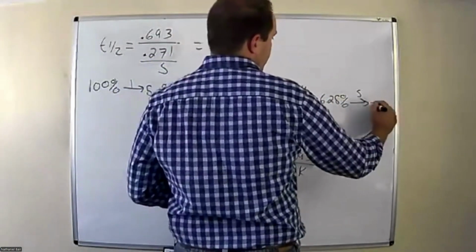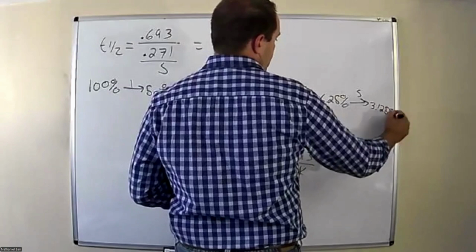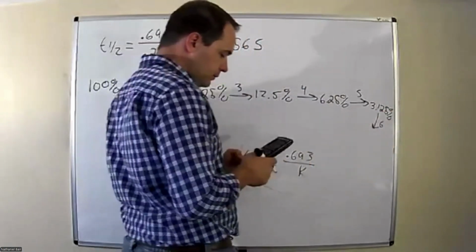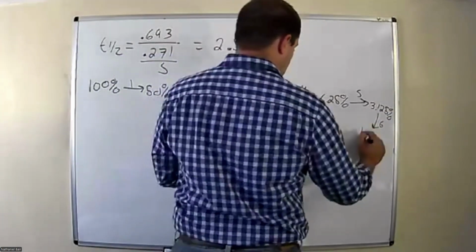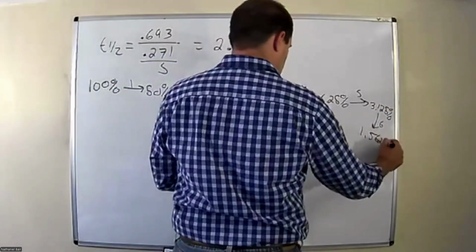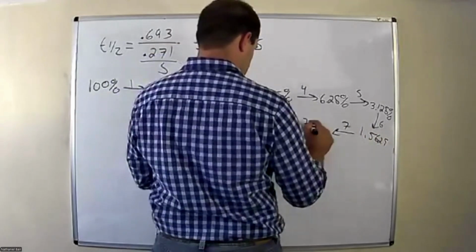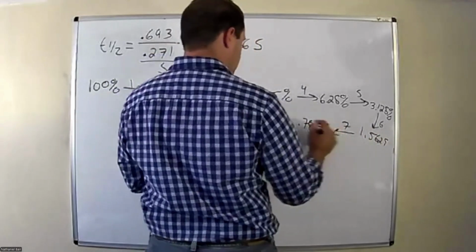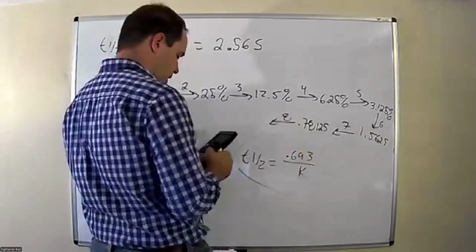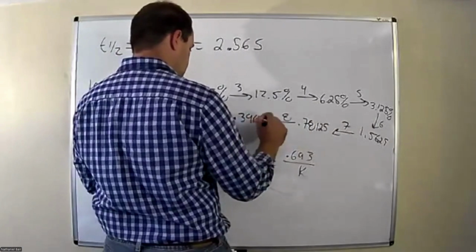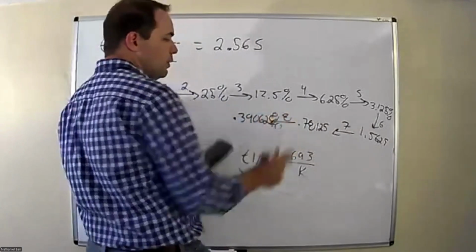After the fifth half-life, 3.125%. After the sixth half-life, you're down to 1.5625. After the seventh half-life, you're down to 0.78125. And after the eighth half-life, you're down to only 0.390625% of the original amount.